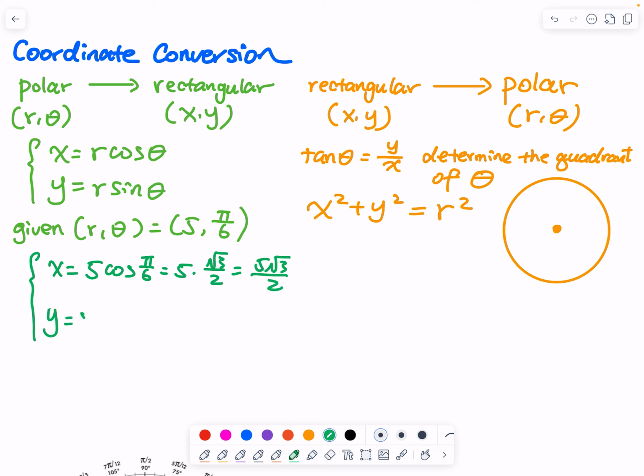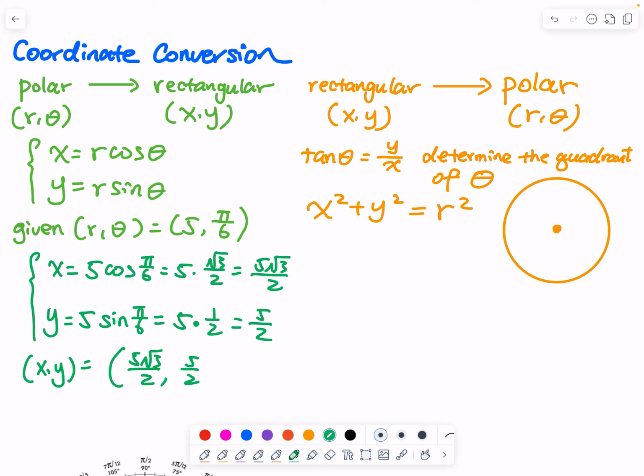And y equals 4 times sine pi over 6, which is 1/2, that is 4 over 2. So my x comma y is 4 root 3 over 2 comma 4 over 2, and that is in quadrant 1.